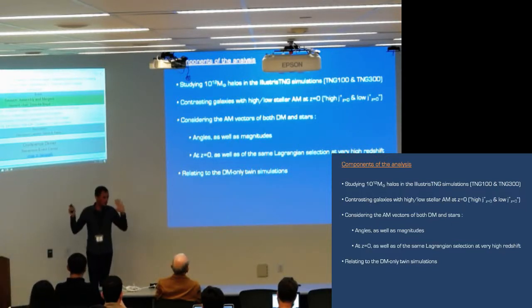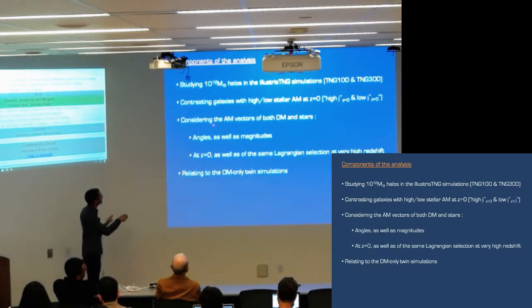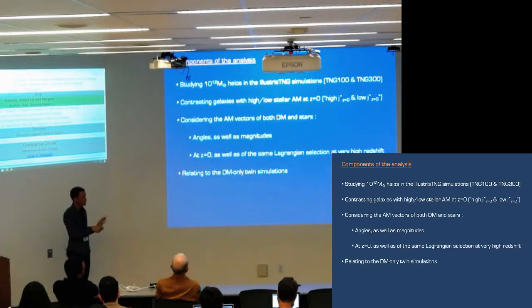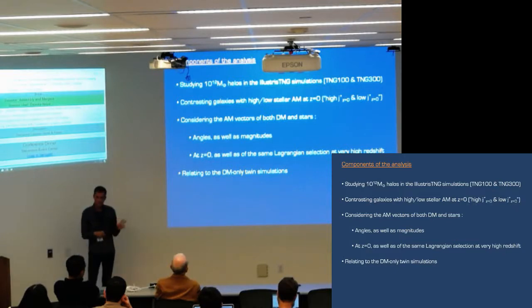You can think about them very simplistically as disks and ellipticals, although it's not exactly like this. Then I'm going to consider the angular momentum vectors of both dark matter and stars. For that, I will compare their magnitudes, as I've done so far, but also the relative angle between the two. And also, I'm going to look at redshift 0, as well as the same Lagrangian region.